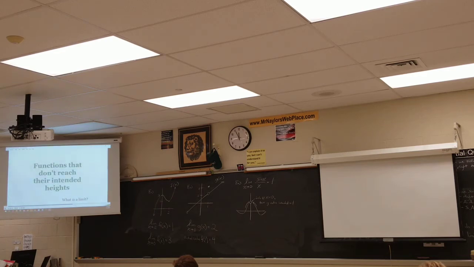There's nothing really earth-shattering about what we just learned. But that changes when we examine functions that do not reach the heights they intend. Take, for example, this function. G of x equals the fraction x squared minus 6x plus 8 divided by the quantity x minus 2. Here's what the graph looks like. It looks like a plain old line.